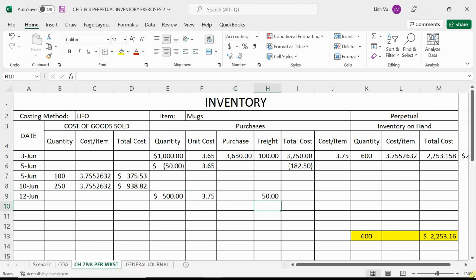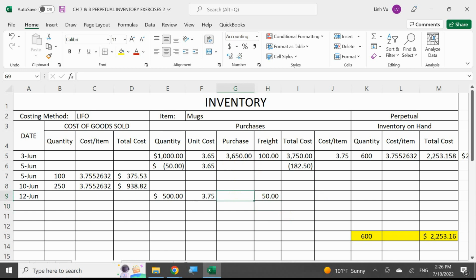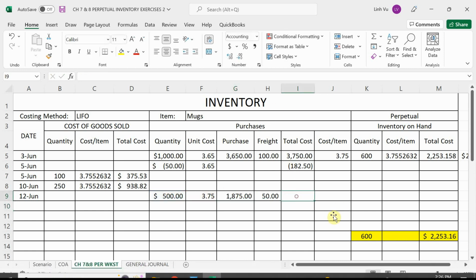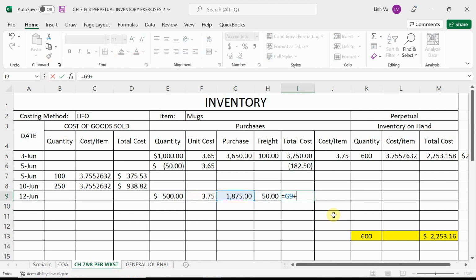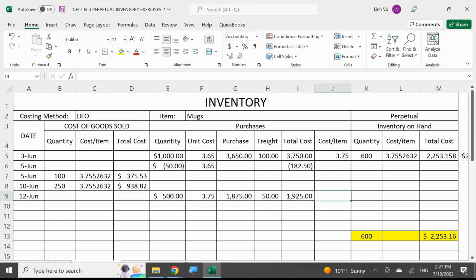So what is my total purchase price here? $1,875. Okay, plus my 50, $1,925. Good. Now in this case, because this is LIFO, I need to keep my batches separate. What is my cost per item here? It's 3.85.